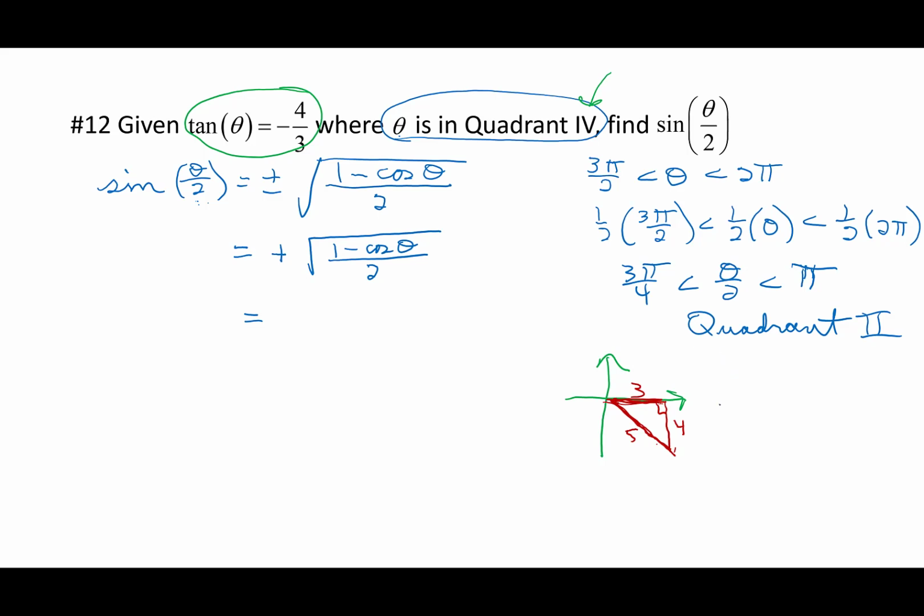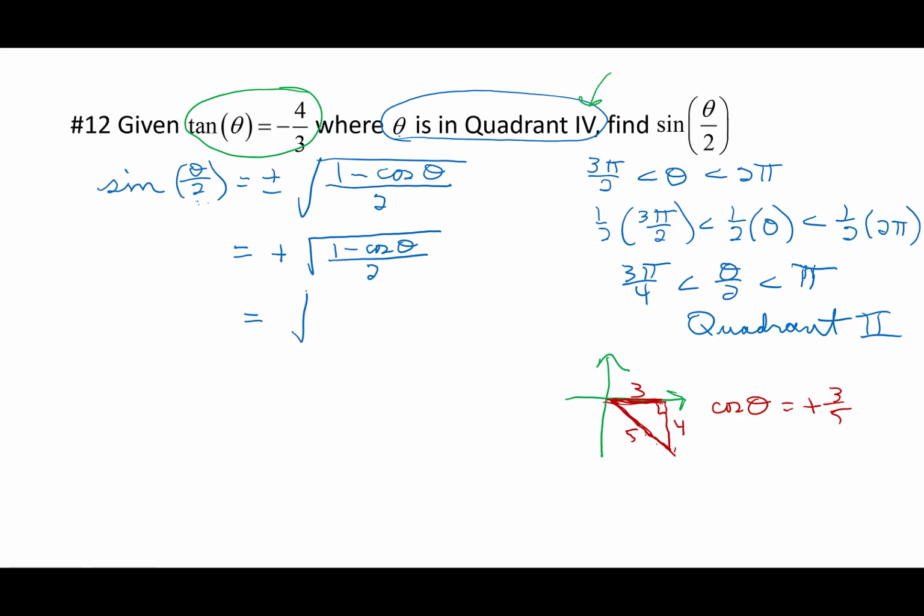Looking at our little right triangle, we're in quadrant 4 where the cosine is positive, and the cosine of theta would be adjacent over hypotenuse, which is 3 over 5. Okay, so we can use that 3/5 to go back and finish our solution.